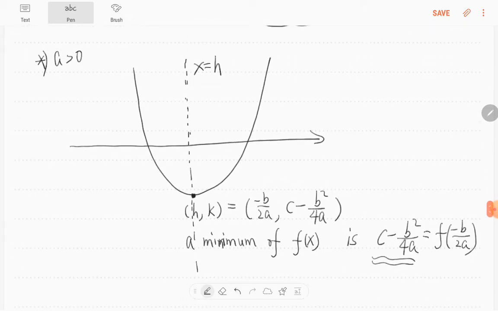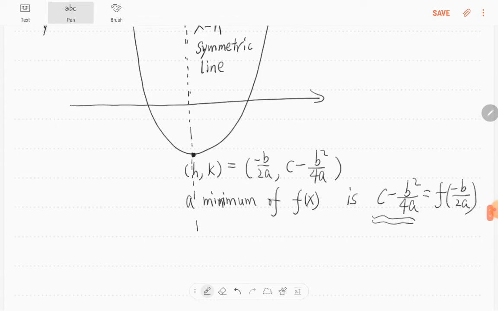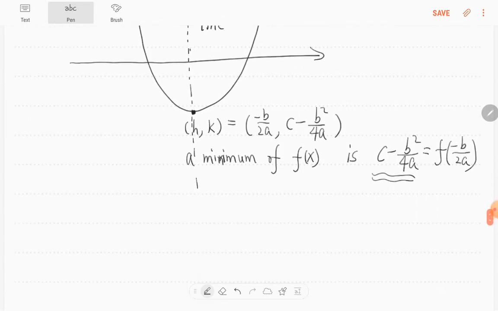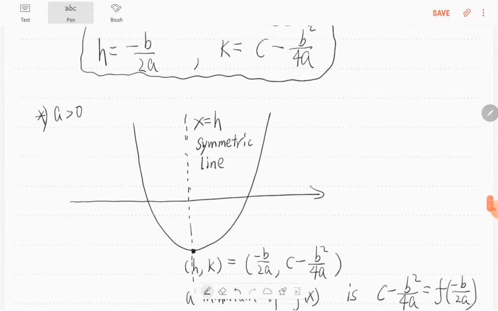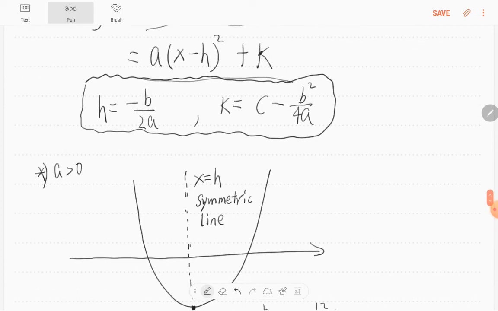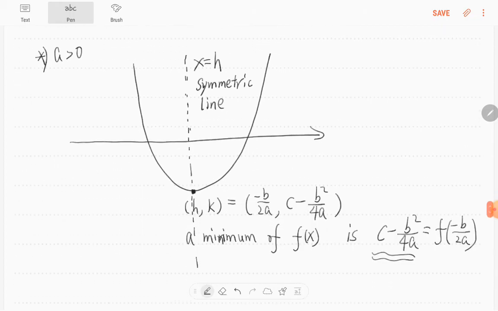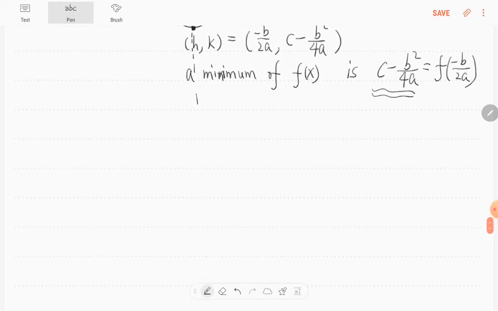This is the symmetry line, or line of symmetry. And the x and y intercepts are very easy. You just set x equals 0 to get y, and y equals 0 to get x.